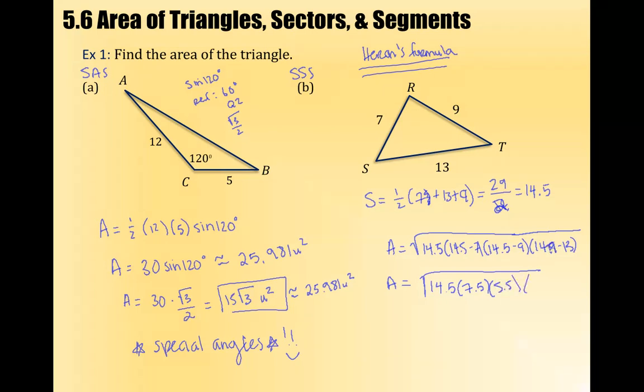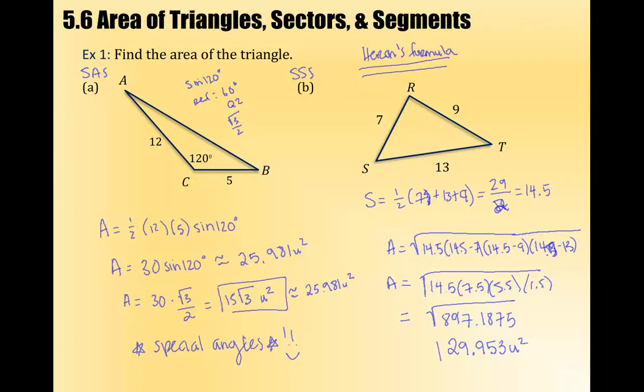Oh no, it's not 5.9, it's 5.5. 14.5 minus 13 is 1.5, right? So that's going to give me 14.5 times 7.5 times 5.5 times 1.5, the square root of this nice number. My computer is having some struggles today. And then the square root of that, we get 29.953 area units squared.